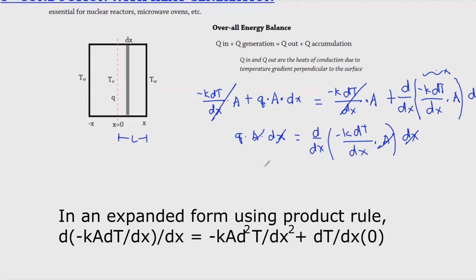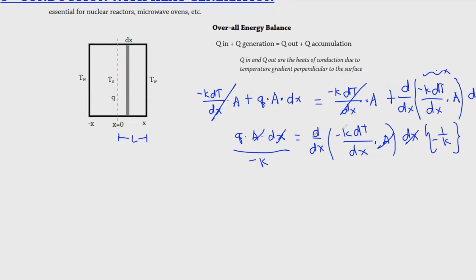So if we would be dividing this with negative k, then we're left with q over negative k, that is equal to d over dx and then dt over dx, which is equal to the second derivative of temperature with respect to our thickness.